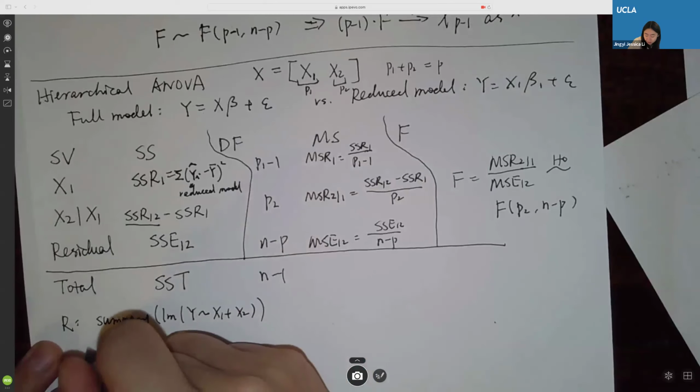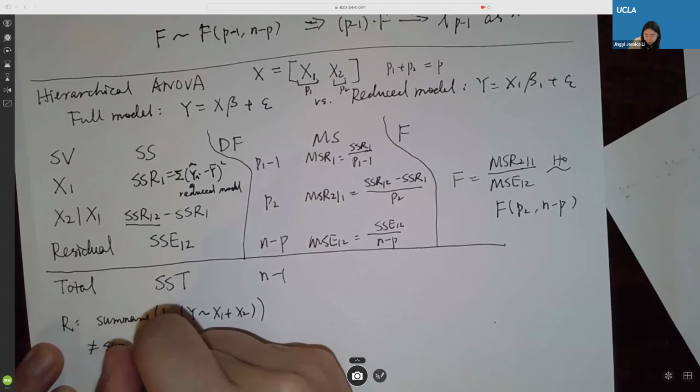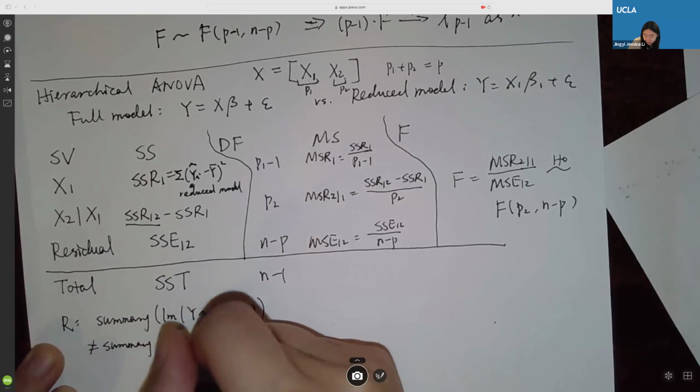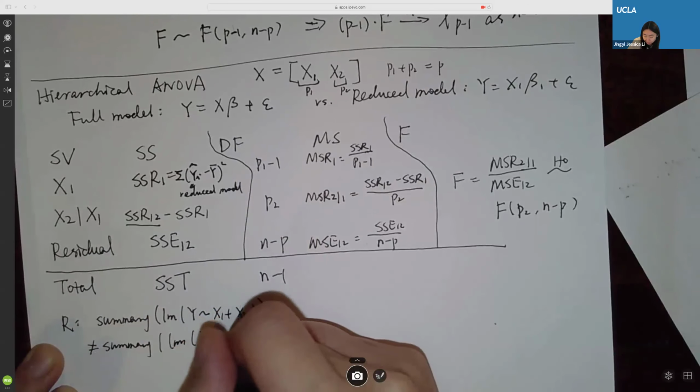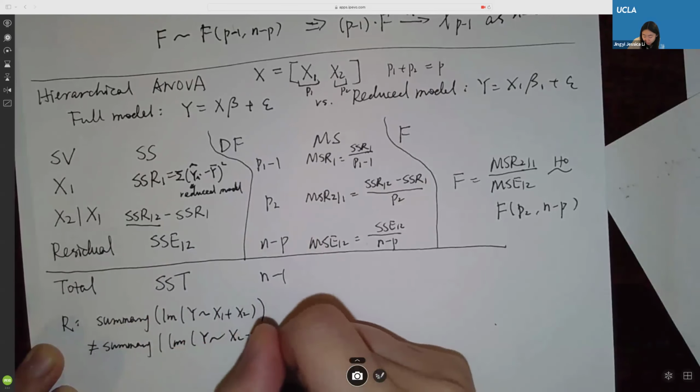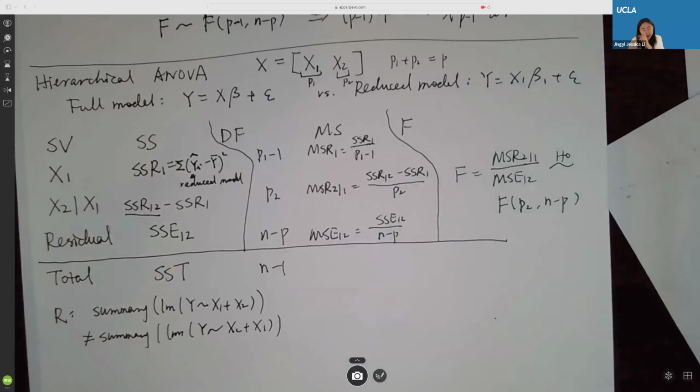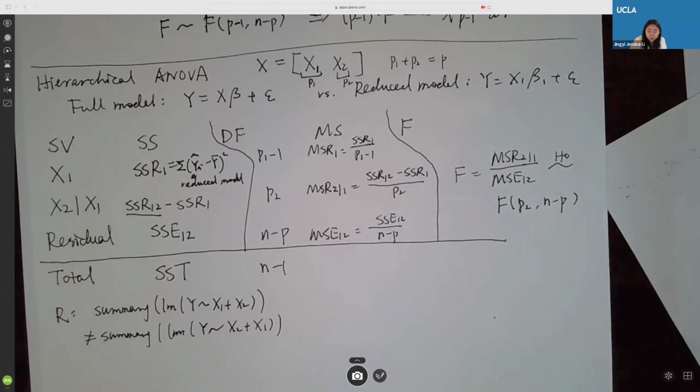But it's not the same if you swap the order. If you write X2 plus X1, it will be different because this is answering a different question. That is, I put X2 into my model first, and then given X2, I want to know whether X1 has any additional contribution. So this is something to keep in mind.